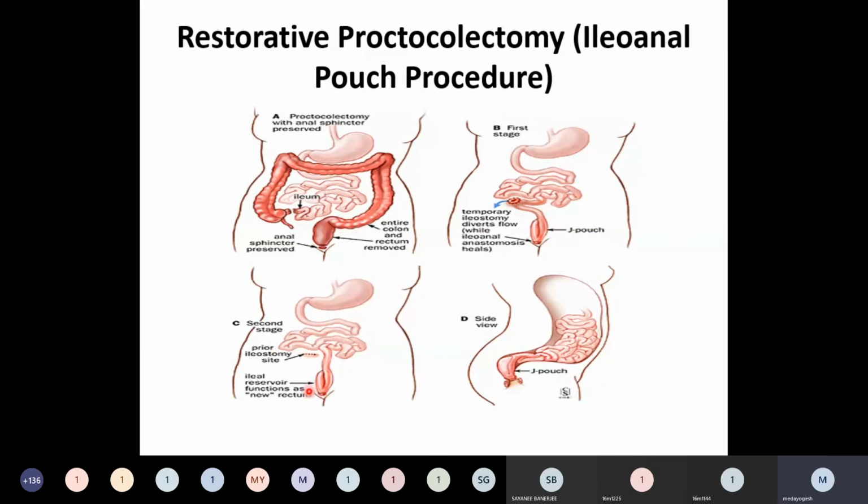There can be a chronic inflammation in this pouch because of the change in the microflora, and that can cause either an acute or a chronic pouchitis, which has to be treated with steroids and antibiotics as well as probiotics. So this is a little bit about proctocolectomy with ileoanal pouch procedure.